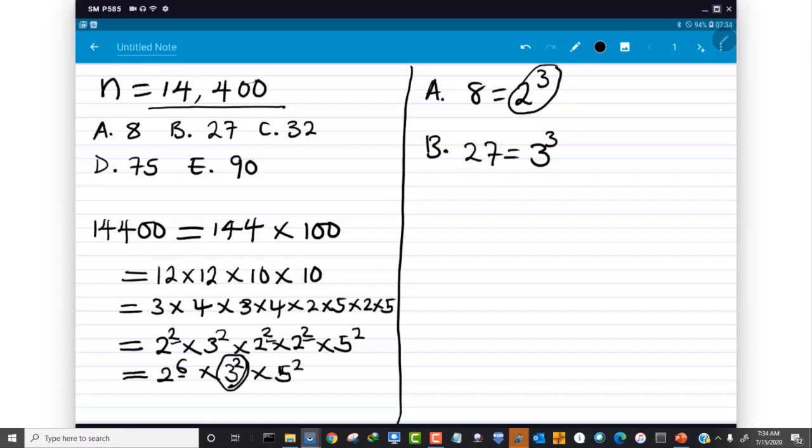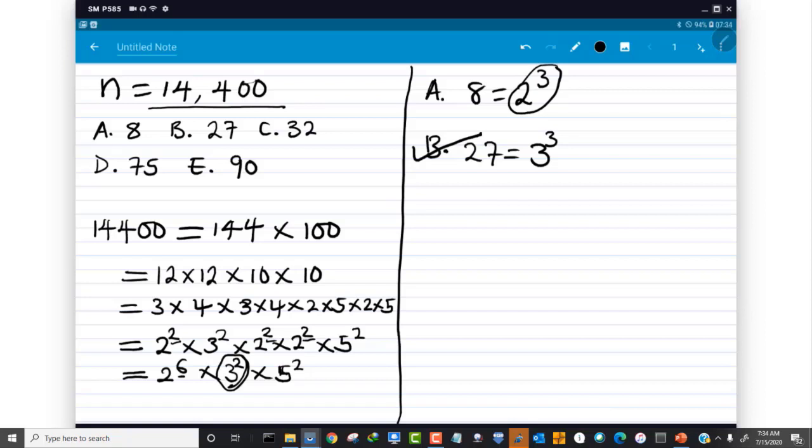So it means that 3 raised to power 3 cannot be a factor of 14,400. If I use 27 to divide 14,400, it will produce a remainder that is not 0. So that means 27 will not be a factor of 14,400. So definitely that is our right answer.